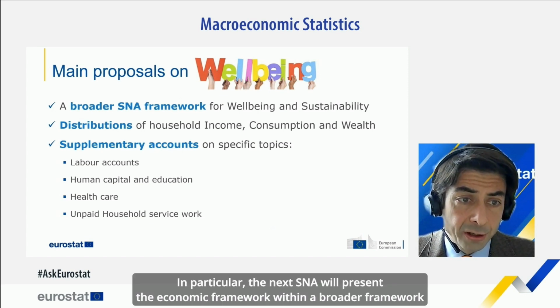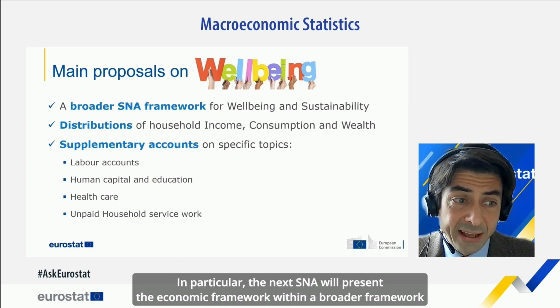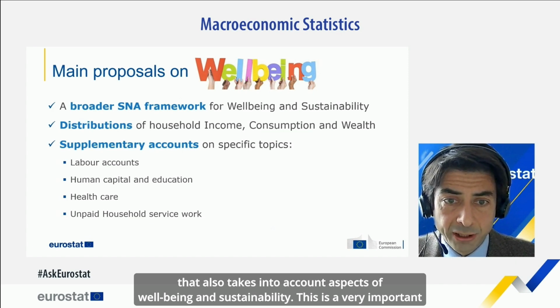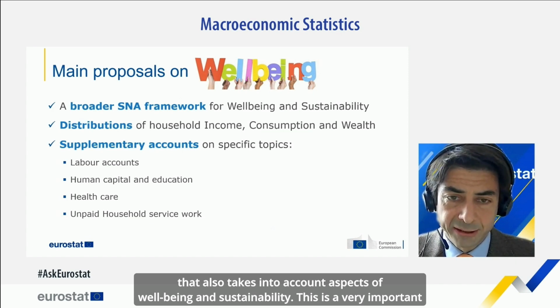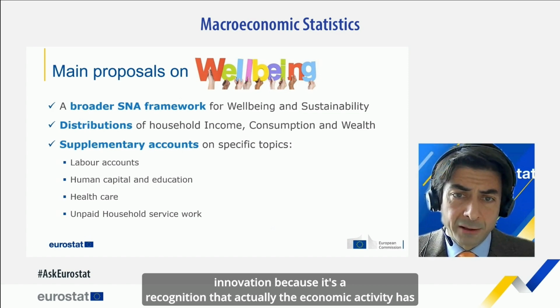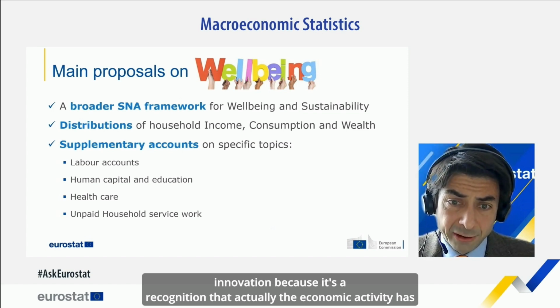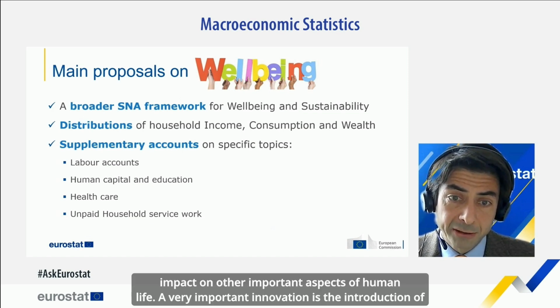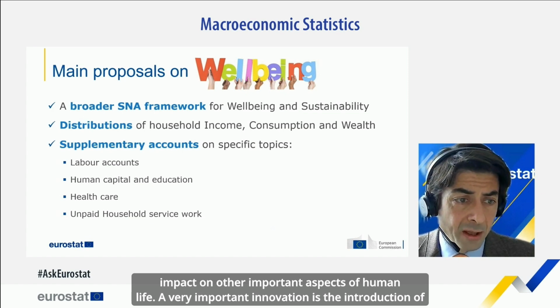In particular, the next SNA will present the economic framework within a broader framework that also takes into account aspects of well-being and sustainability. This is a very important innovation because it's a recognition that economic activity has impact on other important aspects of human life.